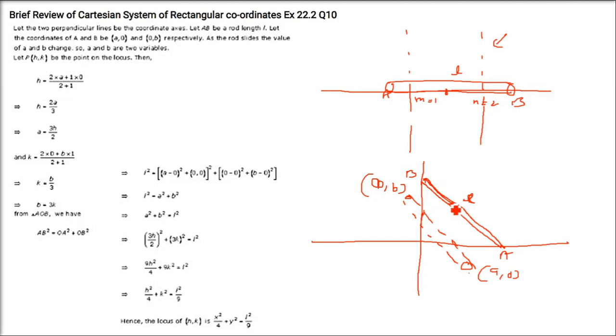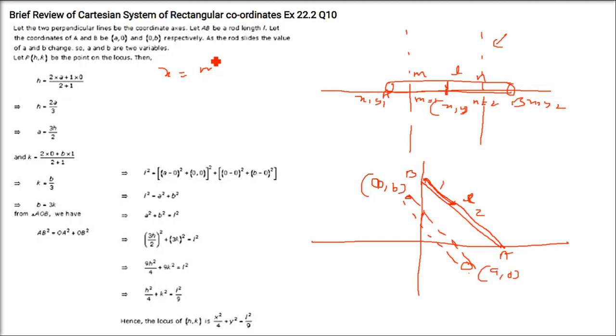Now there is a point which is dividing this in 1:2. So whenever we have a line, we have the section formula. If we have (x1, y1) and (x2, y2), and the point which is dividing is (x, y), then we have the formula.